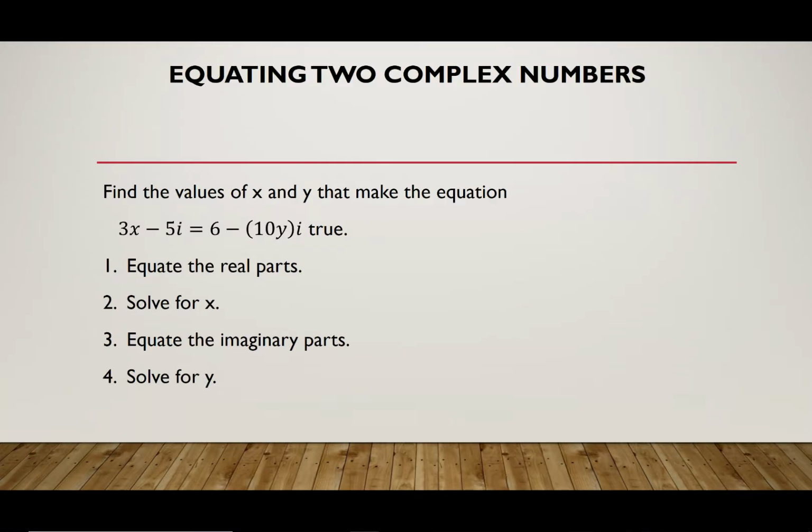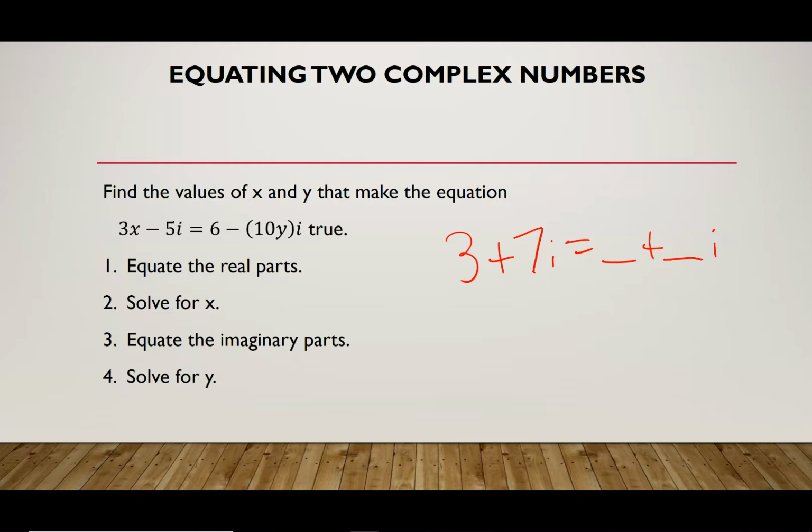So find the values of x and y that make the equation true. We've got an example there, and I'll do that little problem in a second and explain the steps. But let me clarify what this question's asking, because it's really simple when you think about it. Let's say I've got the complex number 3 plus 7i, and it's equal to something plus something i.